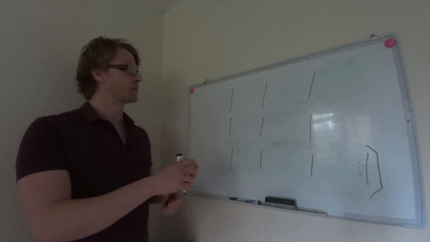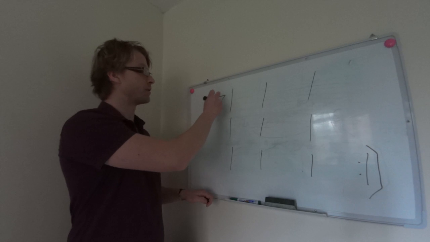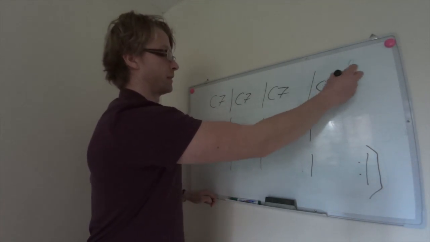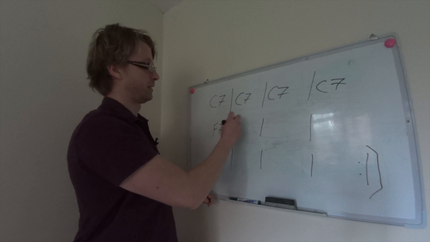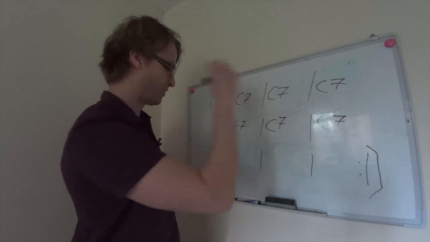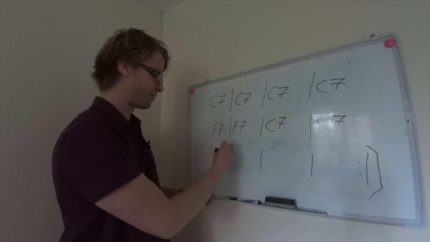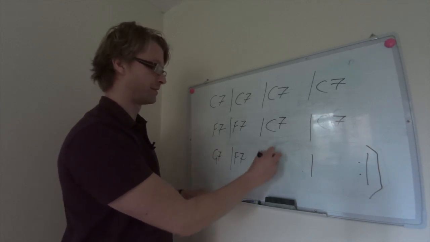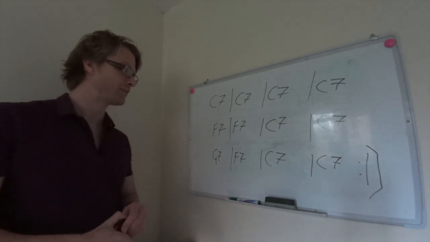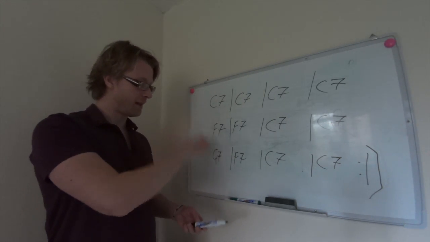Okay, so we've got our original chord sequence here. Hopefully you're doing this in your mind as I'm writing it out, predicting what's coming next. Now, first thing I want to talk about is this end point.